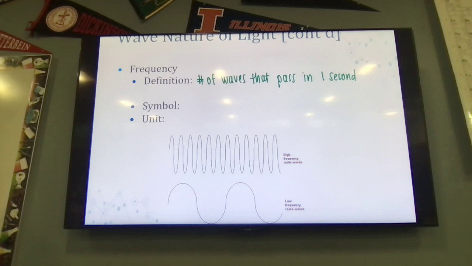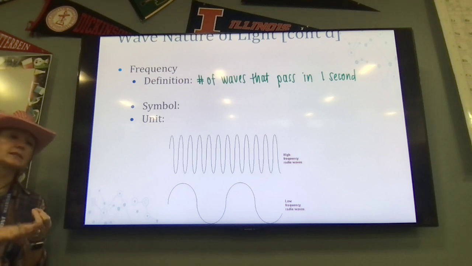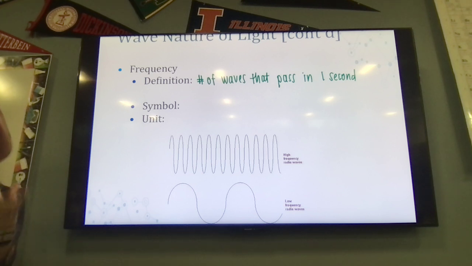And again, each of your different parts of your spectrum have their own unique frequencies. The radio waves have their own frequency, the microwaves have their own frequency, the color light has its own frequency, X-rays have their own frequency. Depending on what the frequency is what we use them for. The unit for frequency, the SI unit, is called the hertz, which we abbreviate Hz.